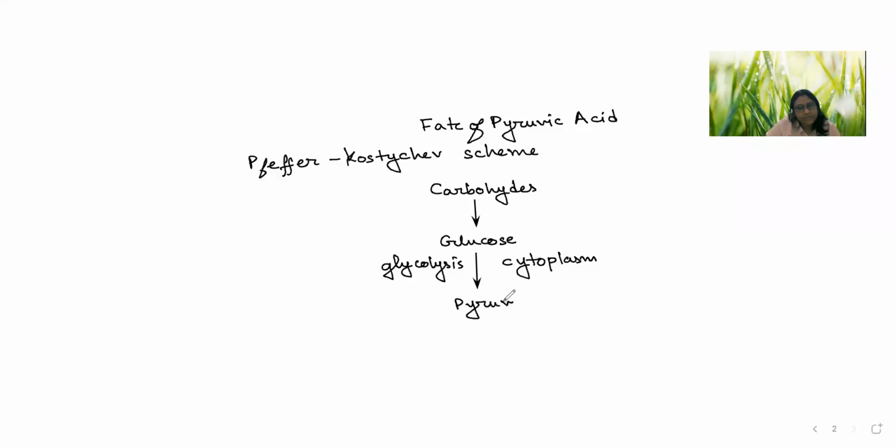So we completed this part in our last lecture. After the production of pyruvic acid, 3 fates are waiting for it. It has 3 options to go for.